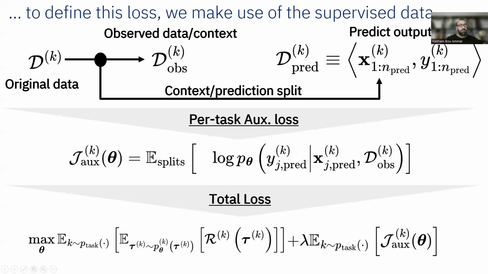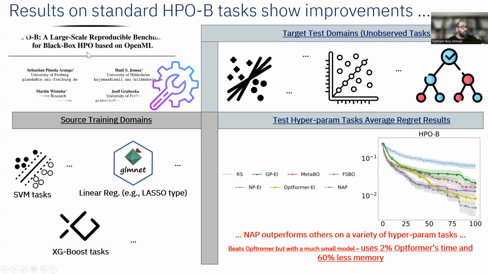And this part tries to become an end-to-end BO that predicts an acquisition. So the idea is that we use a neural process, but train it end-to-end with reinforcement learning and an auxiliary loss.